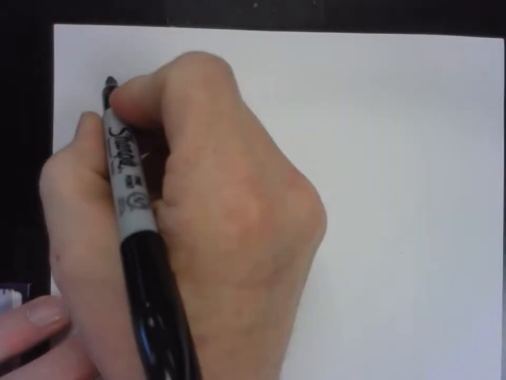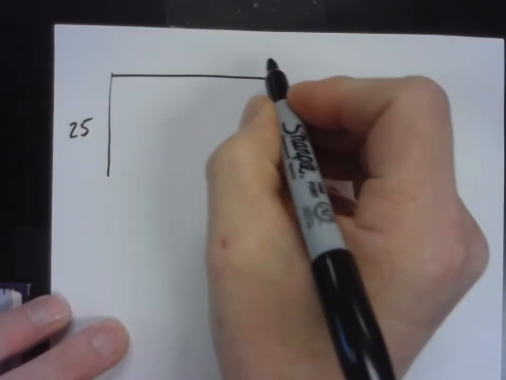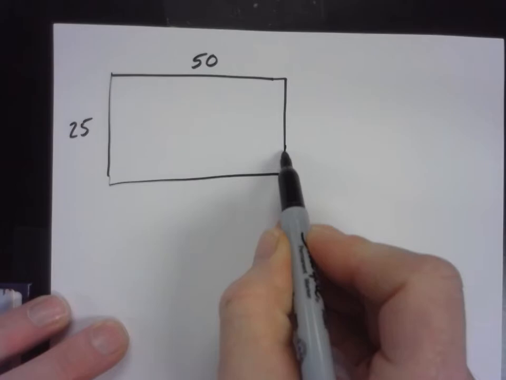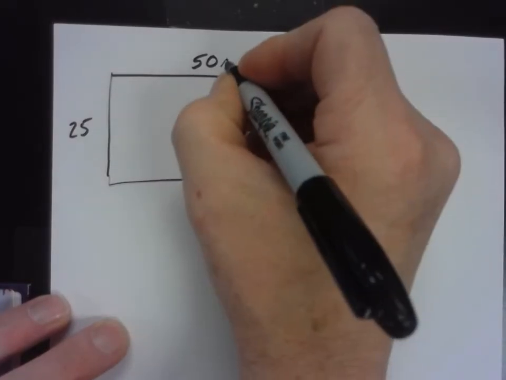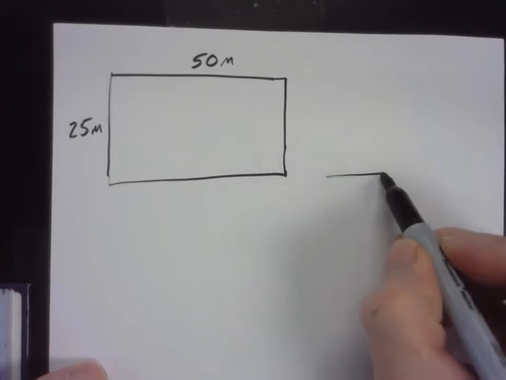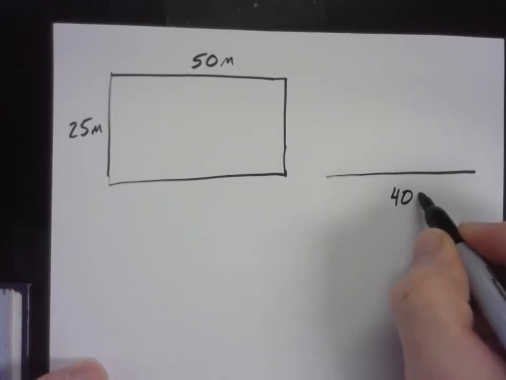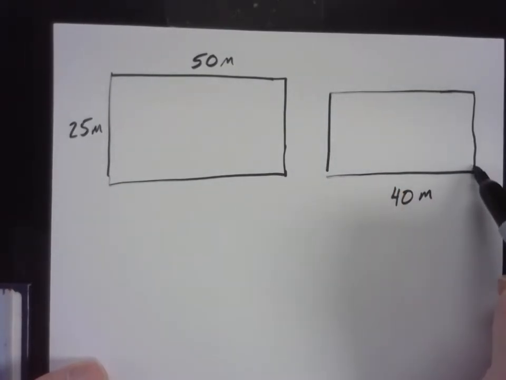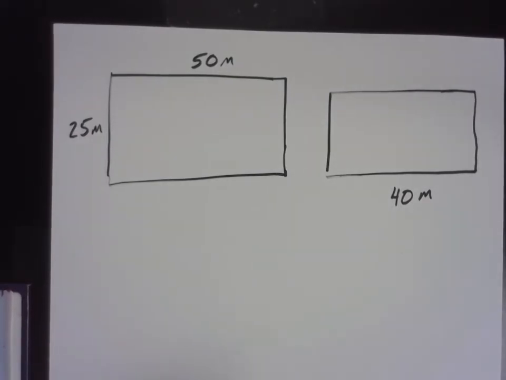Now an Olympic pool is rectangular with a length of 50 meters and a width of 25 meters. So it looks like 25 meters by 50. Apparently though, this town either doesn't have a lot of space or not a lot of money, right? And they're going to build their pool, but they can only make it 40 meters long, but they want it to be proportional. I guess they're going to try to trick everybody into thinking that it's still Olympic size, right? So you still want it to have the same proportion.